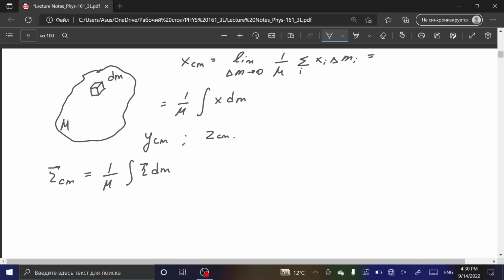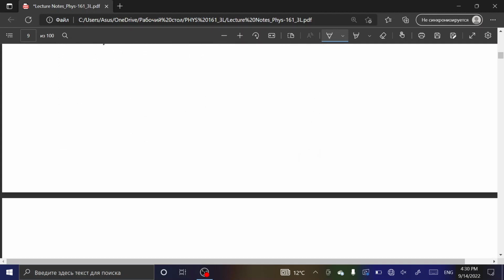So first we will make it quite simple. That will be some rod. So this is axis X, and the length of this rod will be L. So here is the origin of axis X, 0.